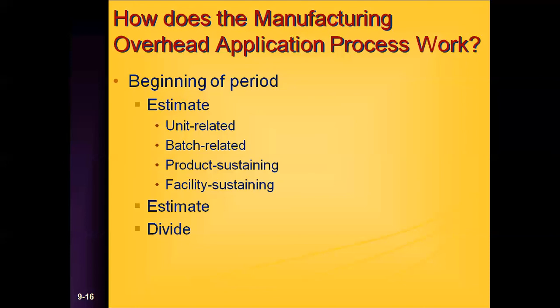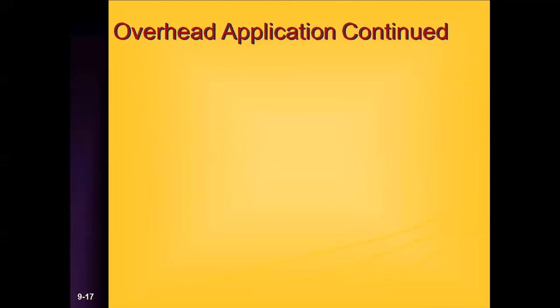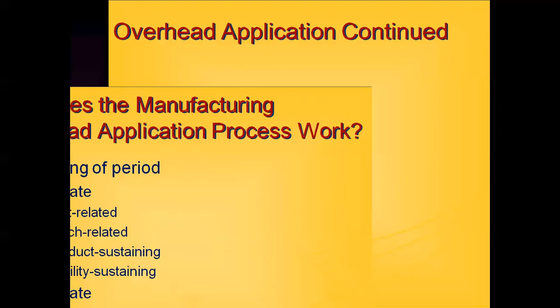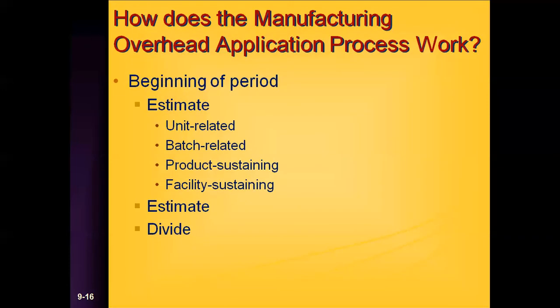And so you would come up with an estimate of the amount of the cost driver to be used in the production activities. And then you would calculate the cost driver rate by dividing the estimated costs by the estimated cost driver for each of the cost pools.